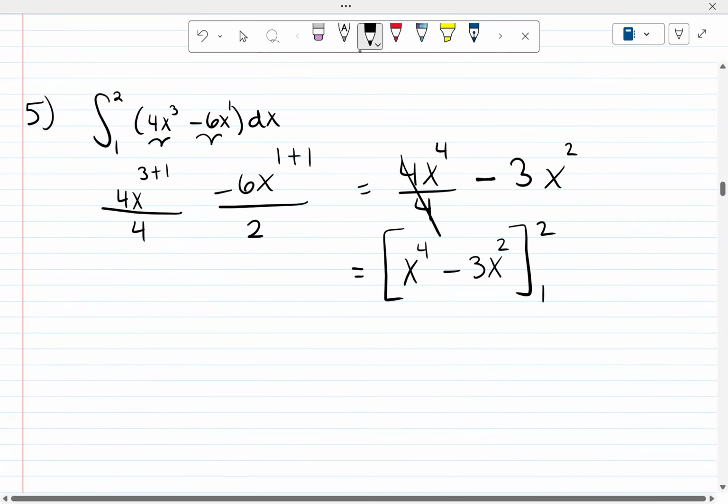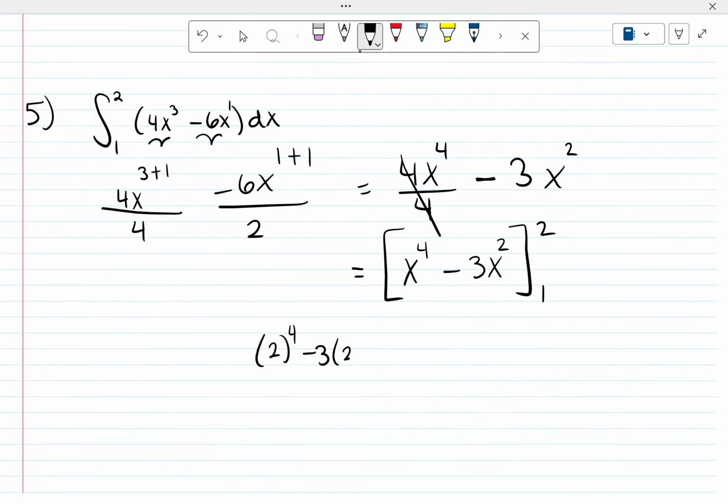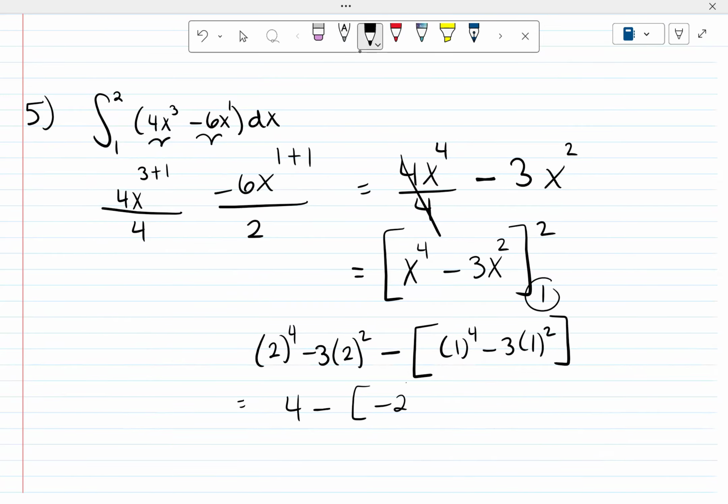So when you do that, you get 2 to the 4th minus 3 times 2 squared, minus bracket, and then do the lower. So that's going to be 1 to the 4th minus 3 times 1 squared, close bracket. And 2 to the 4th minus 3 times 2 squared, I believe that's going to be 4, minus, and then 1 to the 4th minus 3 times 1 squared is negative 2.